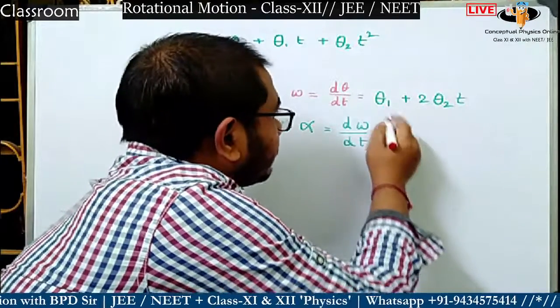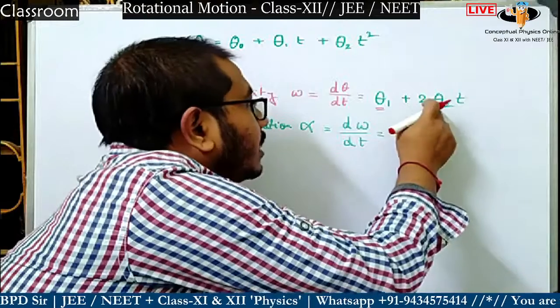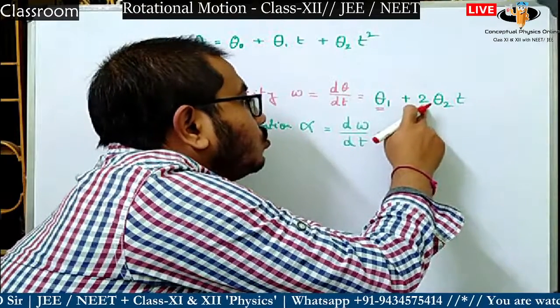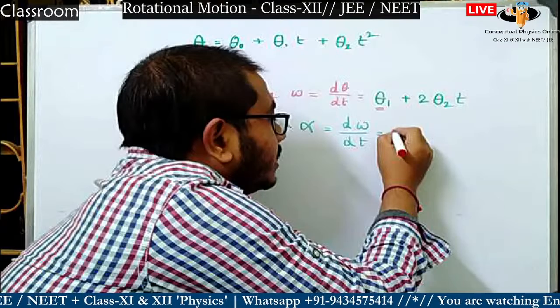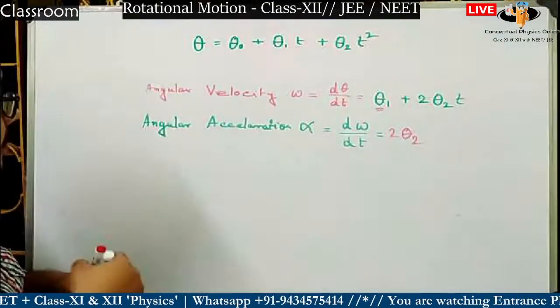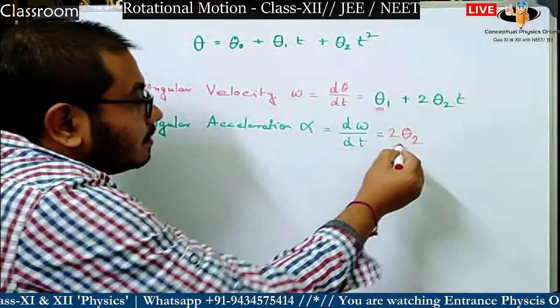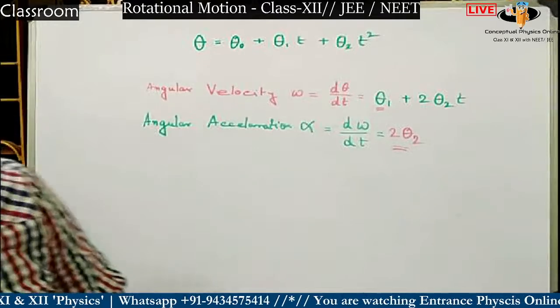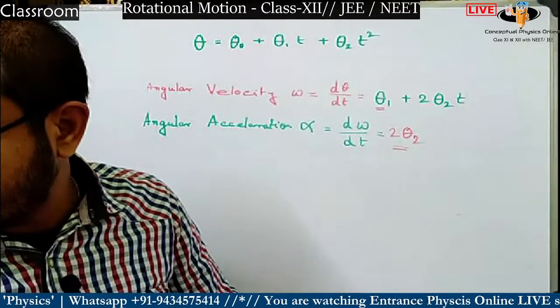So again the constant is 0, and d by dt of t is 1. So 2 theta 2 will be only there. So the angular acceleration is our coefficient, calculated as alpha equal to 2 theta 2.